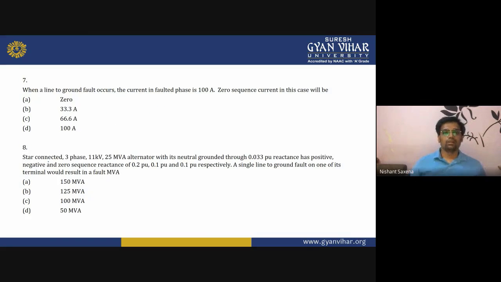In the seventh question, it has been asked: when a line to ground fault occurs, the current in the faulted phase is 100 ampere.